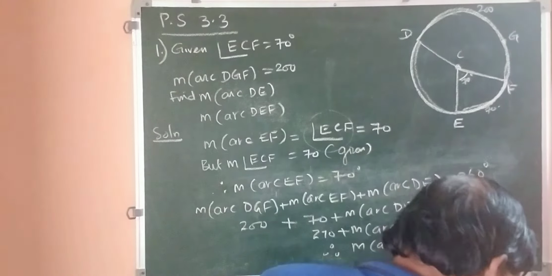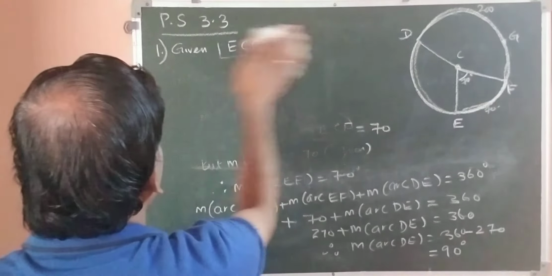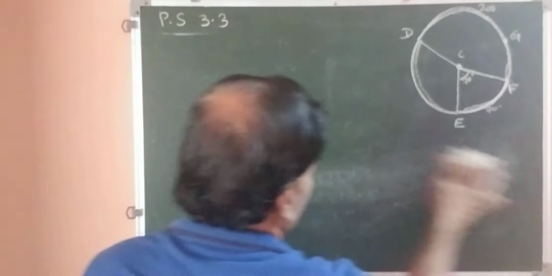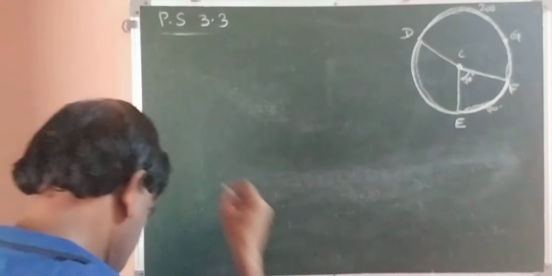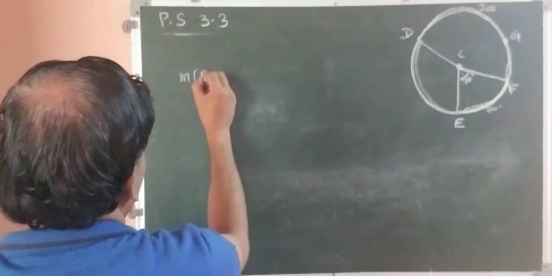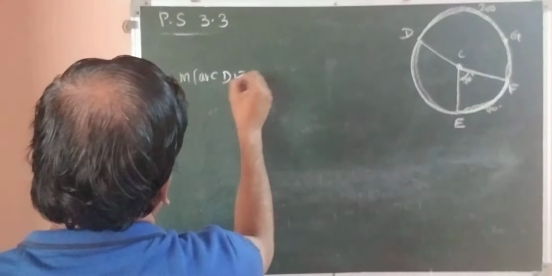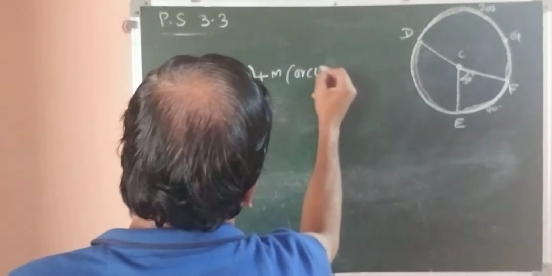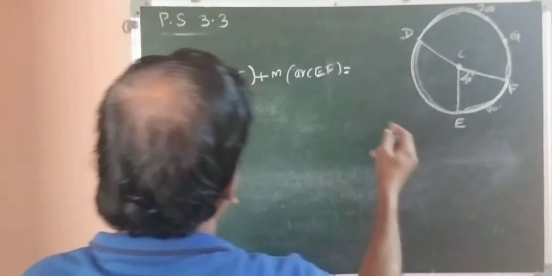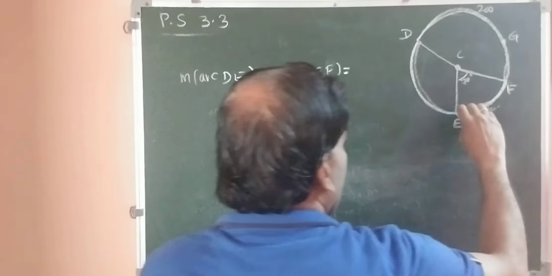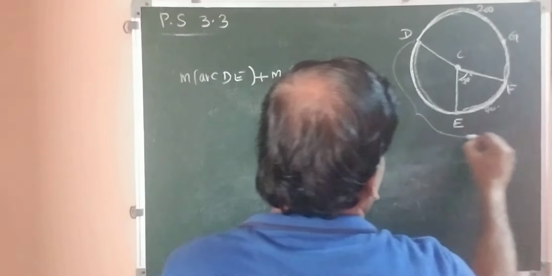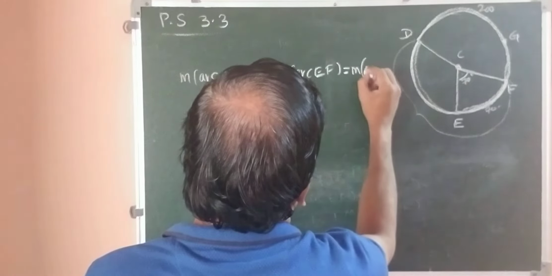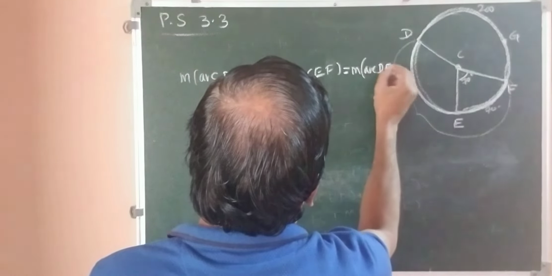Now one more thing we have to do. Measure of arc DE plus measure of arc EF equals, see, DE and EF, what will happen? We will get measure of arc DEF.